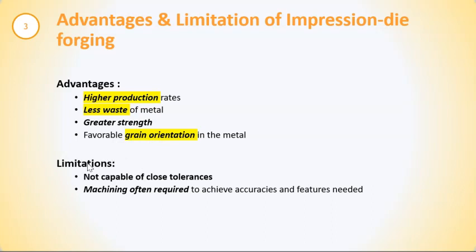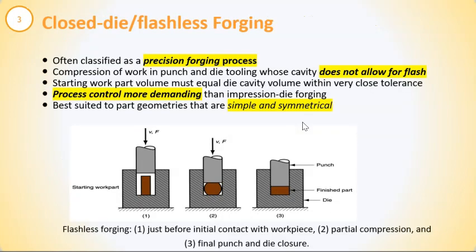The limitation is that it is not capable of close tolerance, and a machining process is always required for the finished product. For closed die or flashless forging, known as a precision forging process, there's no flash, so it is contained in the die. Process control is more demanding, because you need to make sure the workpiece won't result in defects. It is usually for simple and axisymmetric parts.